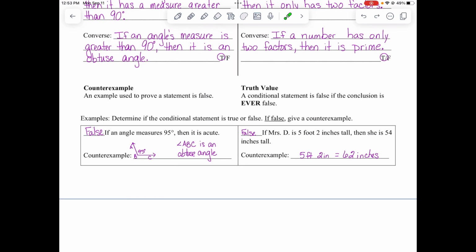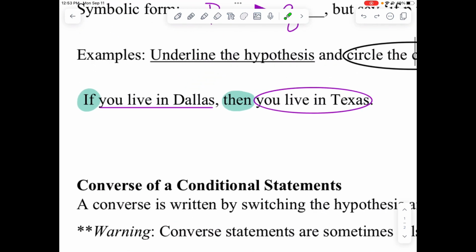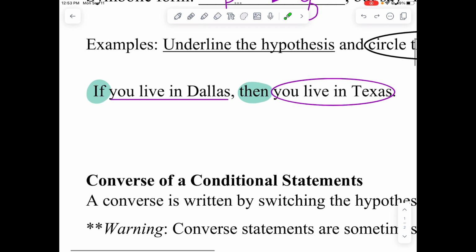Now, I'm trying to give you as many math examples as we can on here. Sometimes at this level, if you were to watch a video on YouTube or something like that, a lot of times they'll give you examples like the one we had up here with where people live. So it'll say, if you live in Dallas, then you live in Texas, and you would say false, because I think there was a Dallas, Tennessee, something like that.